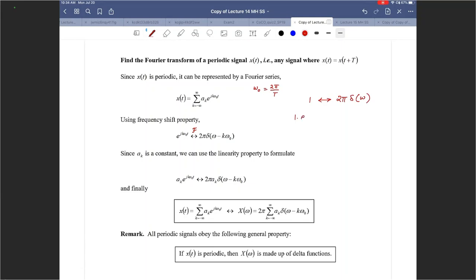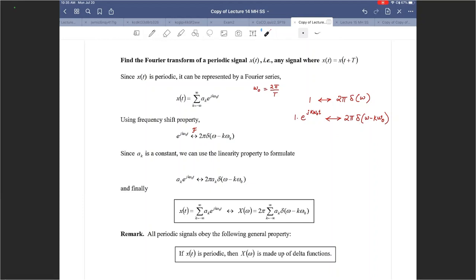You multiply in time domain by, say, let's use e to the j k omega naught t, then that is a frequency shift of k omega naught. So we have essentially captured that in here.